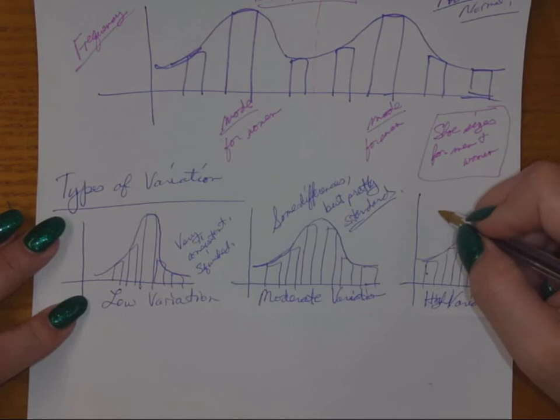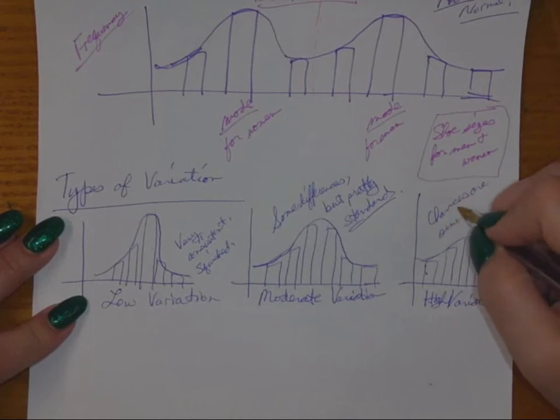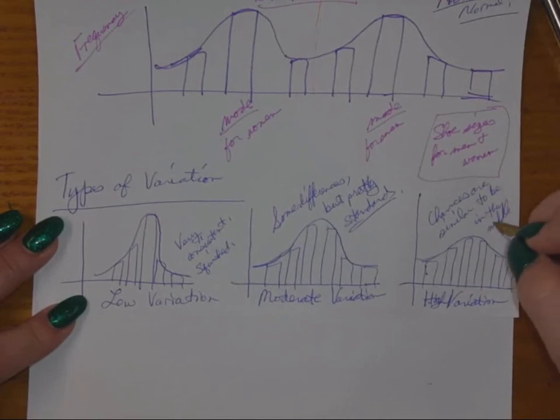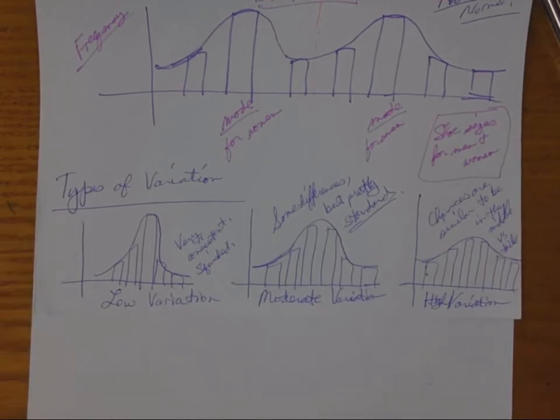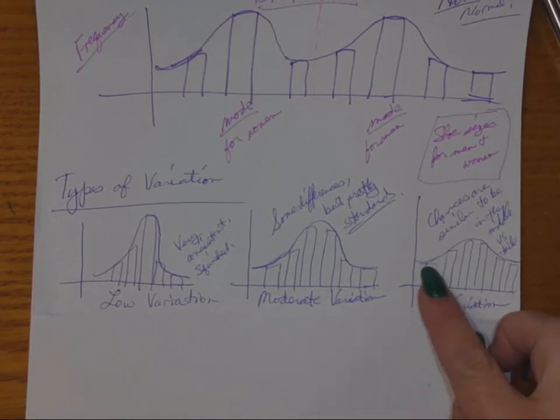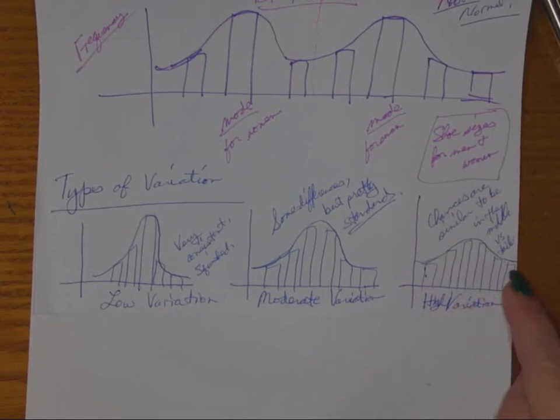So chances are similar to be in the middle versus one of the tails. Sorry, I'm out of room there. Okay, but there's not a lot of variation. Your scores are about the same. So maybe there were 6 of these and 7 of those and 8 of those and 8 of those and 7 of those and 6 of those.